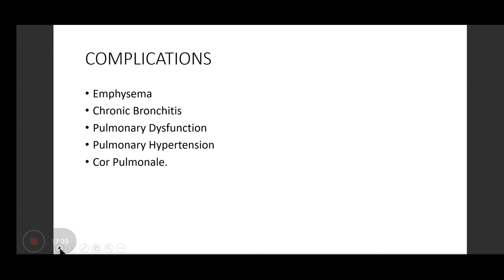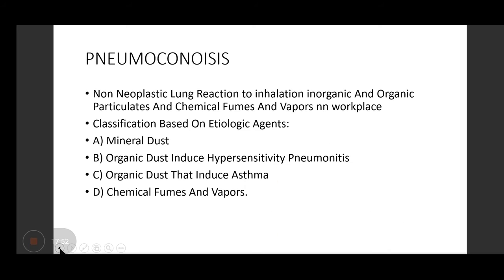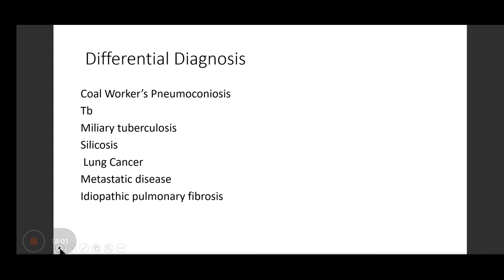We'll just summarize. Clinical features: cough, shortness of breath, chest tightness, black sputum, and these are the DDs: coal workers pneumoconiosis, TB, miliary tuberculosis, silicosis, lung cancer, metastatic disease, and idiopathic pulmonary fibrosis.